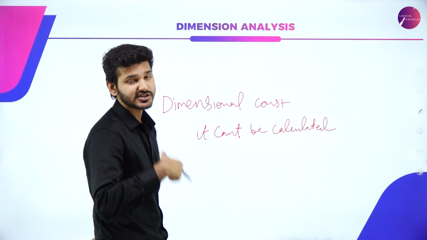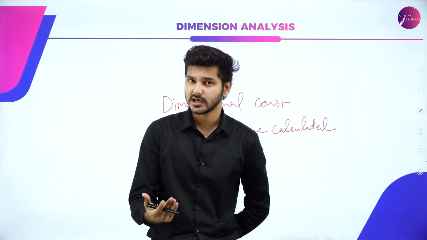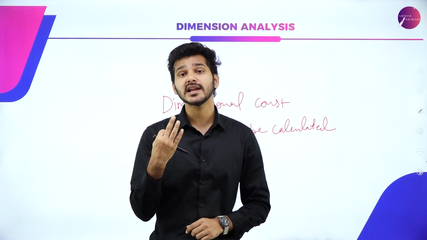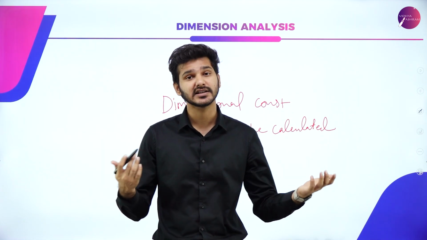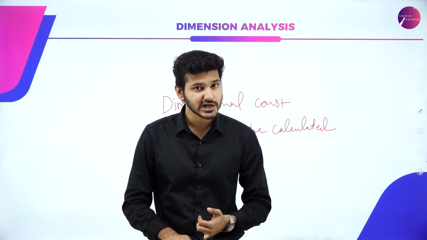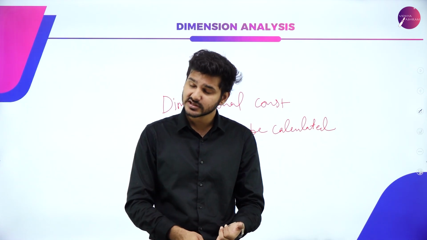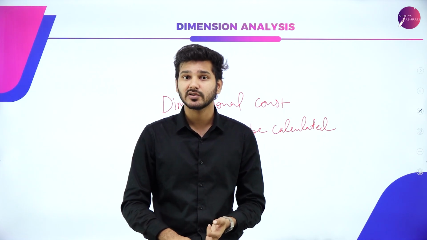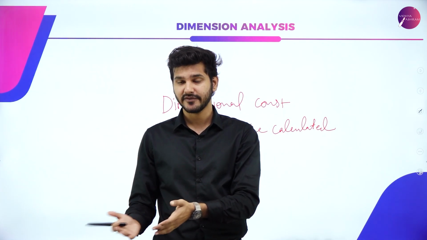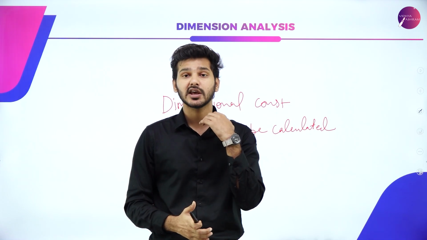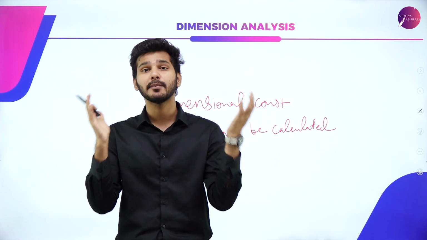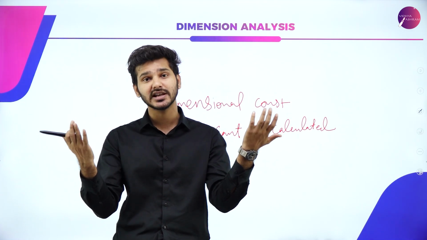So we have three drawbacks right now: dimensional constants cannot be calculated, we cannot use it to calculate trigonometric or exponential functions, and we cannot see if an equation is actually correct. If I give you just the dimensional formula, we cannot say that that equation is actually right. We can only say that it is dimensionally consistent or dimensionally balanced.